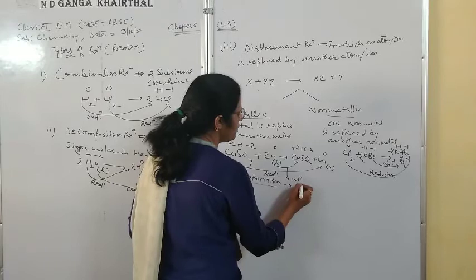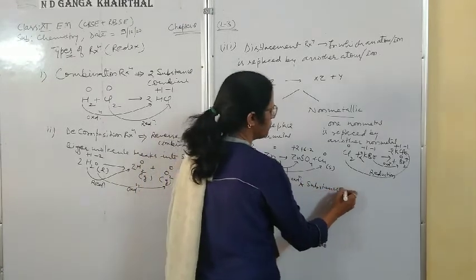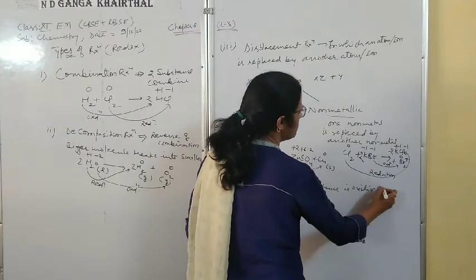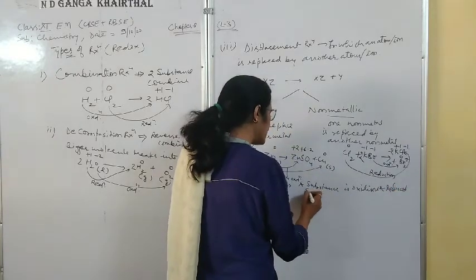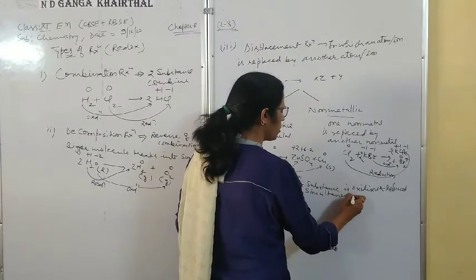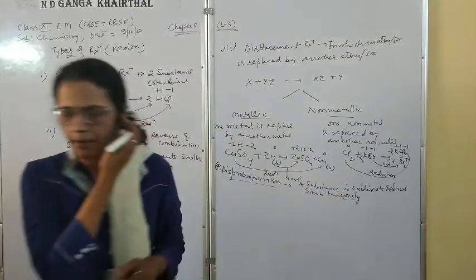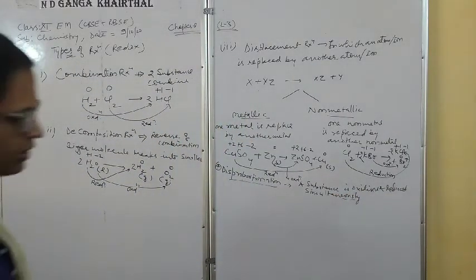A disproportionation reaction is one in which a substance is oxidized and reduced simultaneously. Okay? Simultaneously.